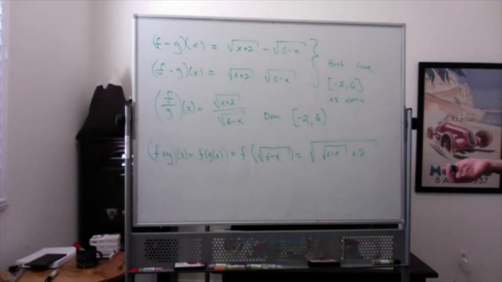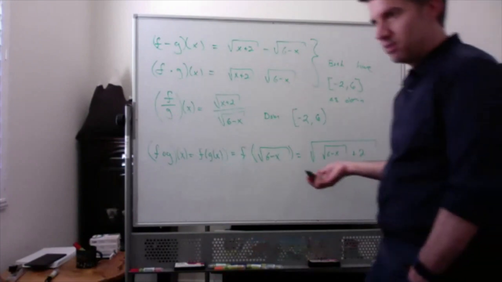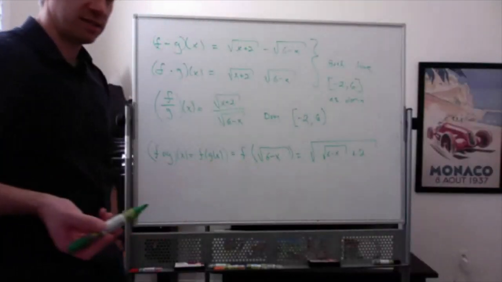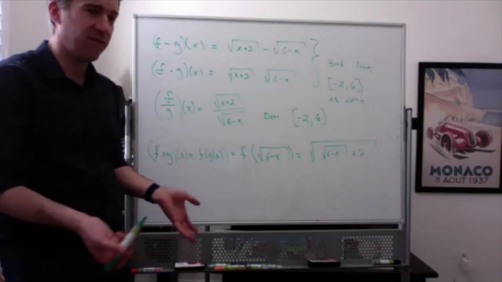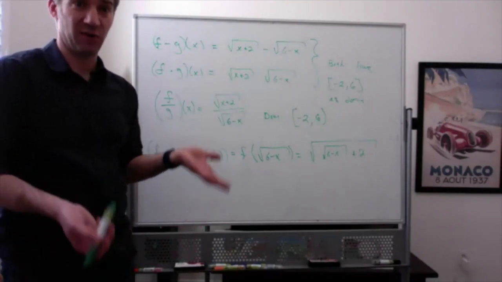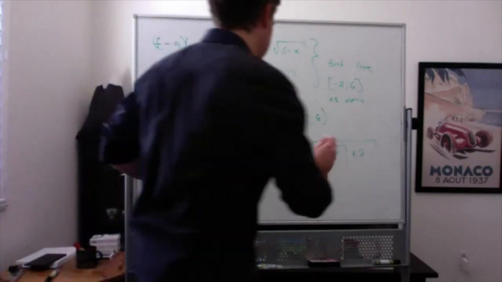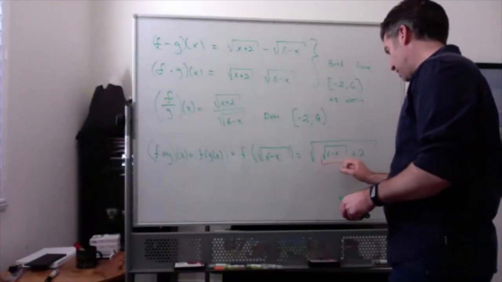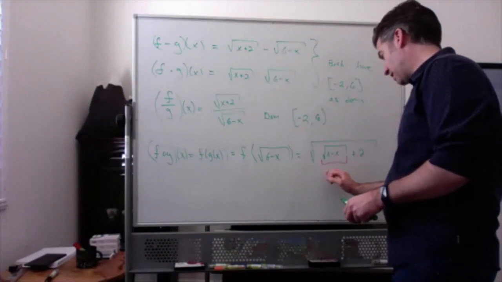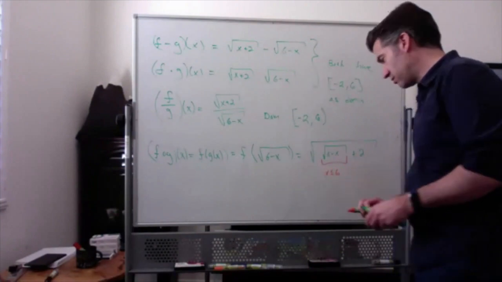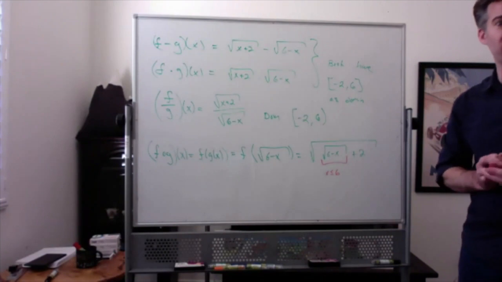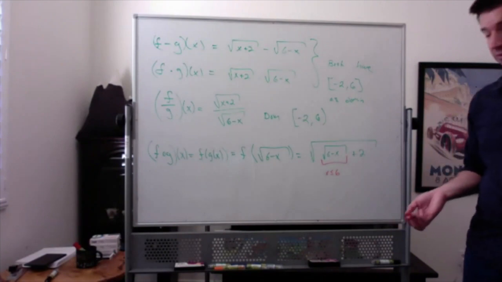So here, I think the way this is written makes it a little more obvious that, oh, of course we have to obey the domain of the inside function, right? We definitely have to have, right here, we need that x is less than or equal to 6. Right, if x was bigger than 6, we'd be taking a square root of a negative.